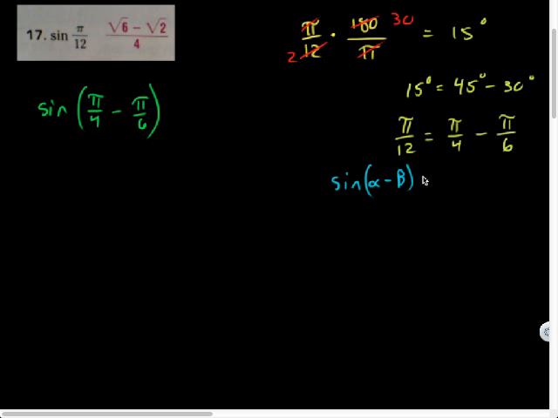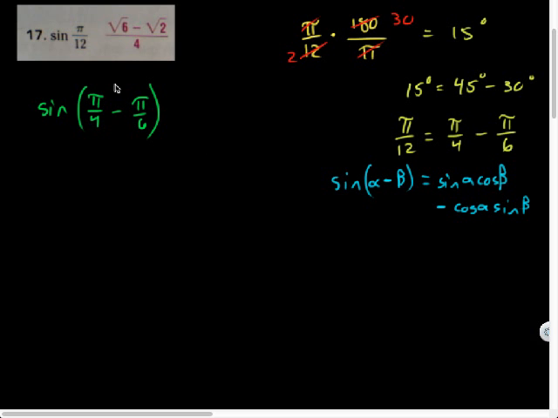Which one's that equal to? Sine alpha cos beta, right? And then is it minus or plus, friends? Minus. For the sine one, it matches. For the cosine one, it doesn't. And this is then cos alpha sine beta. So this is the little formula that I'm using.